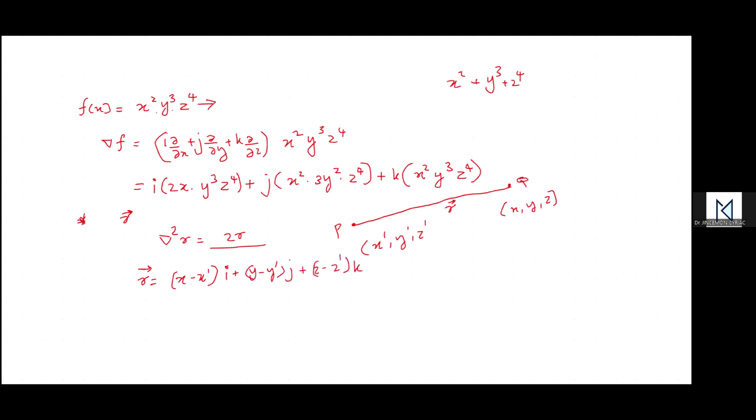So now this is vector R. Now the modulus of this vector, the value of this R, is equal to root of component of x square plus component of y square plus component of z square. That means x minus x prime whole square plus y minus y prime whole square plus z minus z prime whole square.